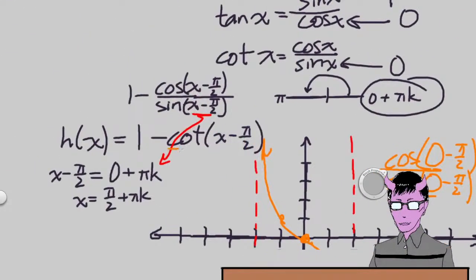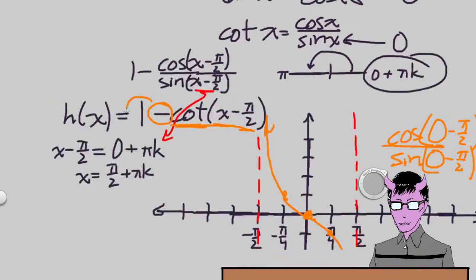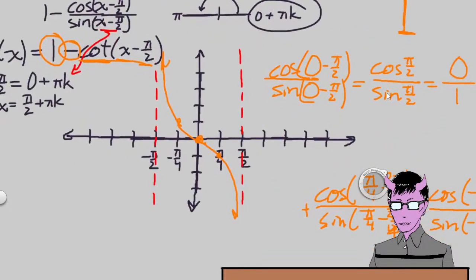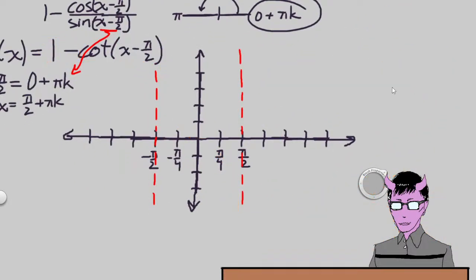So we've worked with this one, and we worked with this one, and we worked with the shift. Now we have a reflection and a shift upwards of 1 space. Wonderful, right? If we disregard this reflection, our graph function would look like this.